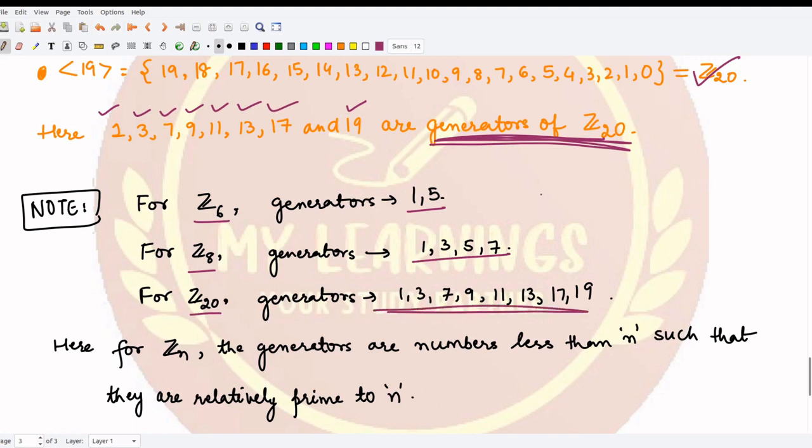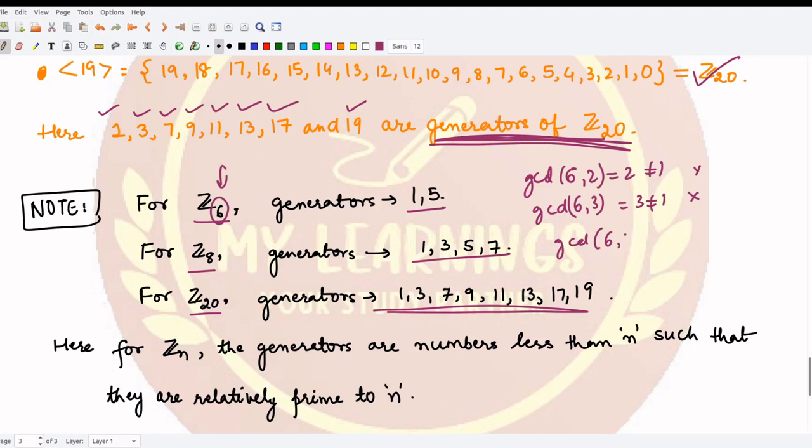So now see the numbers which are less than 6 and relatively prime to 6. 1, yes, it is relatively prime to 6. 2, no. Why? Because the GCD of 6 and 2 is equal to 2 and not equal to 1. Next, the GCD of 6 with 3 is equal to 3, not equal to 1, hence this is not a generator.